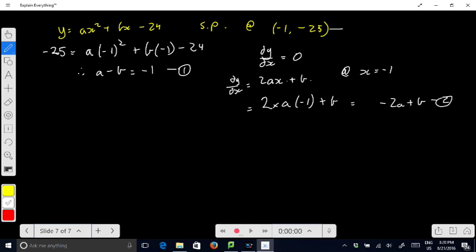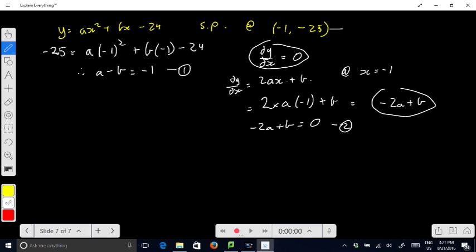I'll call that equation 2. It's a stationary point, so I can say that my derivative is equal to 0. So -2a + b is equal to 0. That's going to be my second equation.